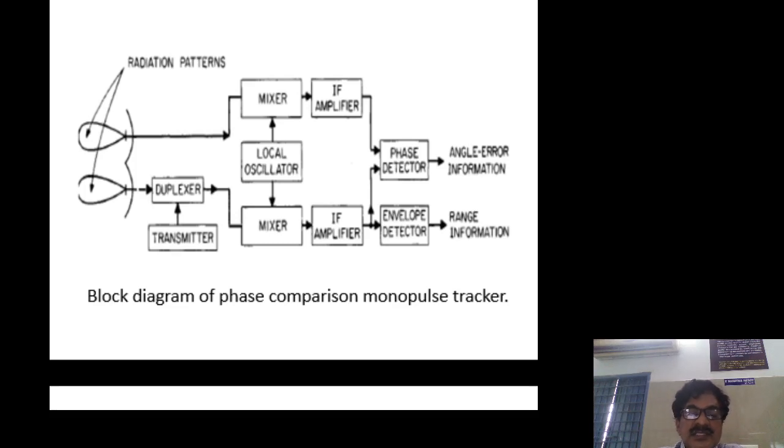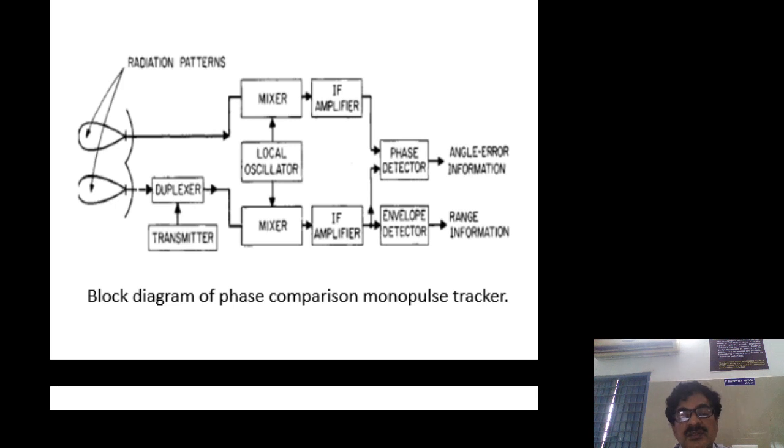Okay, in the previous class, we observed the block diagram of the phase comparison monopulse tracker. What are the different blocks it involves? How does it generate an error signal using the phase comparison method?